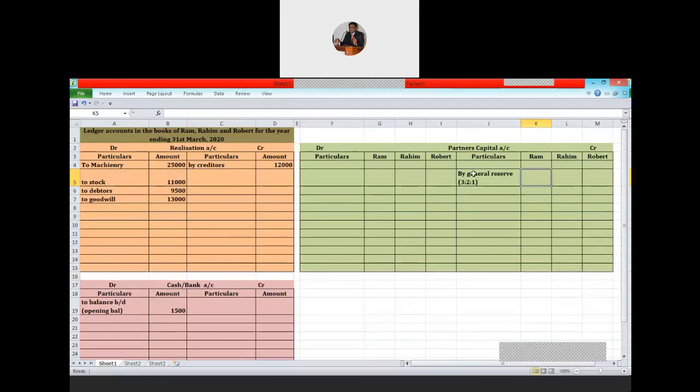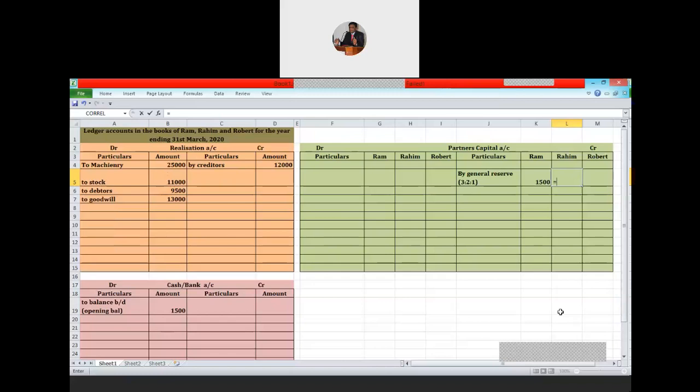So total share of the firm is 6, 3 plus 2 plus 1. And individual share is 3 is to 2 is to 1. So share of Ram will be 3,000 general reserve into his share 3 divided by total share of 6. So 1500 is the share of Ram.